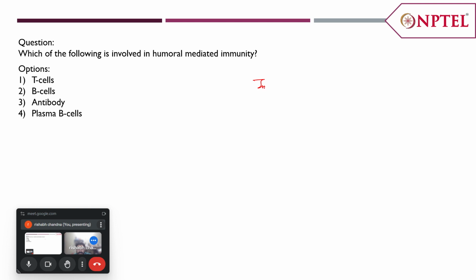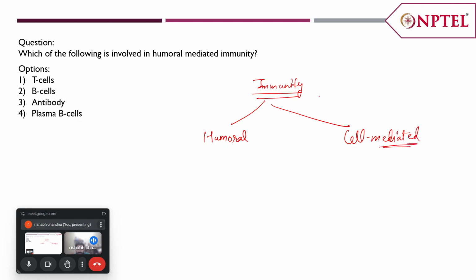The immunity that we are talking about in case of humans is divided into mainly two parts. First is the humoral immunity, and the second is cell mediated immunity. This immunity is called adaptive immunity.